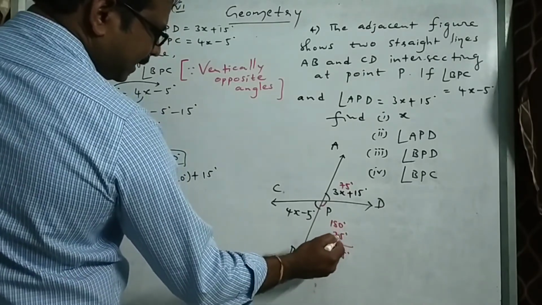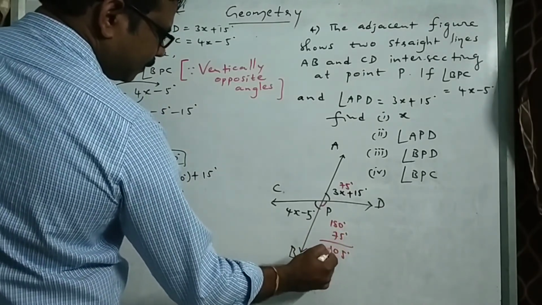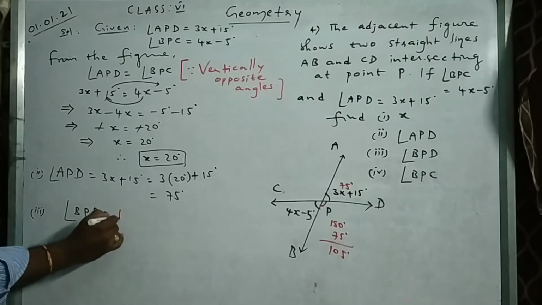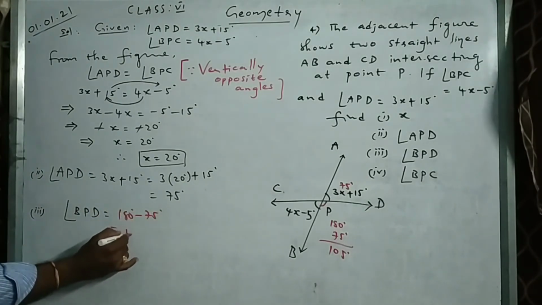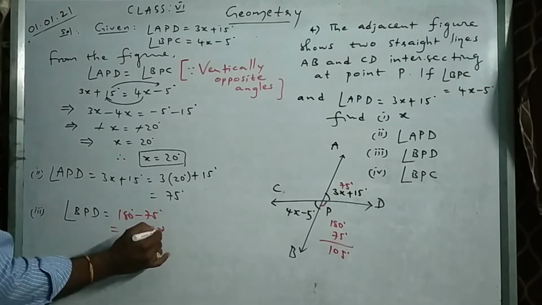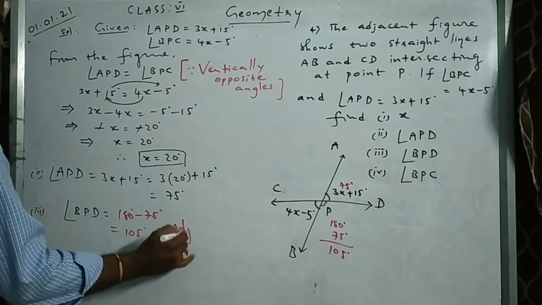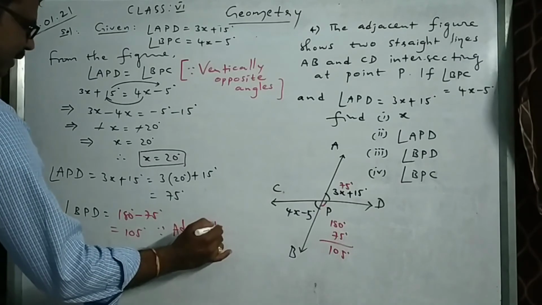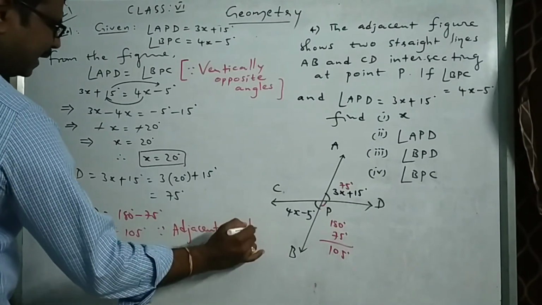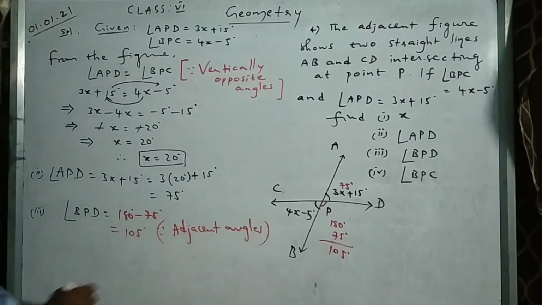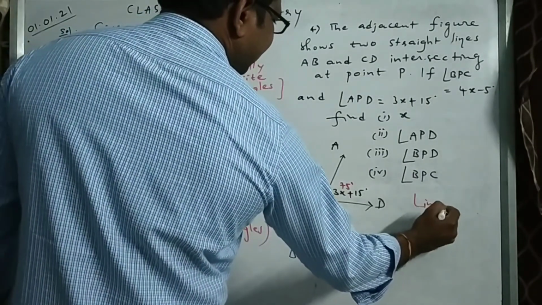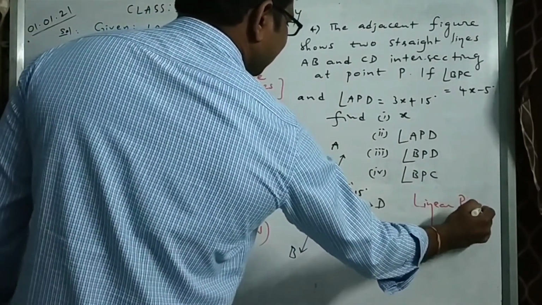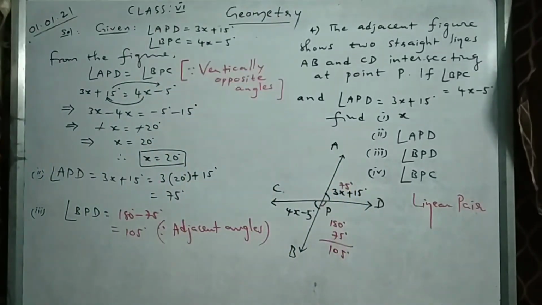So 180 minus 75 means 105. Since they are adjacent angles, they are supplementary, or you can also write linear pair. Linear pair means the sum of two angles must be 180.